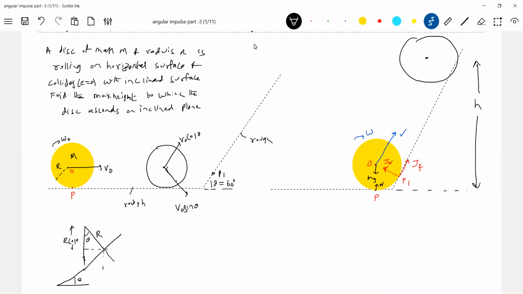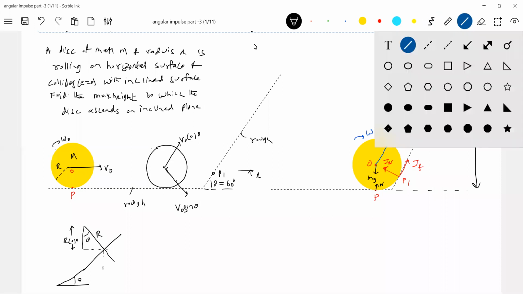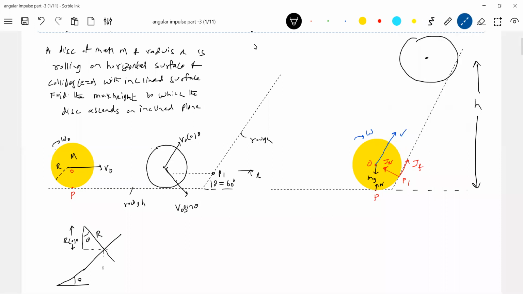R cos theta. So what is P1? P1 is at a height of how much? P1 is R minus R cos theta. So about that P1, it should be conserved, the angular momentum.